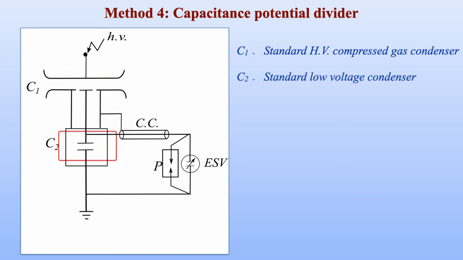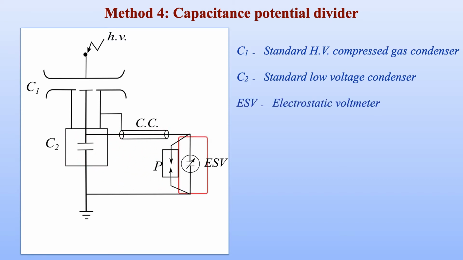Then the second capacitor is a standard low voltage capacitor having a mica or paper standard dielectric, and this capacitor is also enclosed inside a shielding box for preventing any stray capacitances with respect to the measurements.